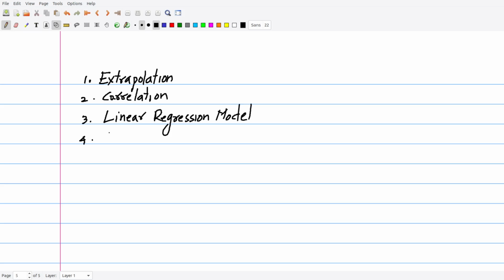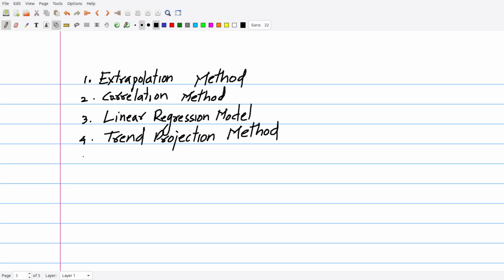And fourth method is trend projection method. You have to write method in front of every one, either it is a method or it is a model. Fifth one is semi-parameter additive model.